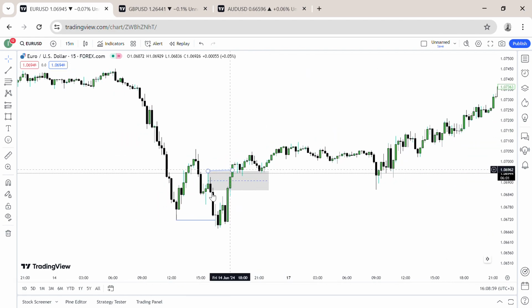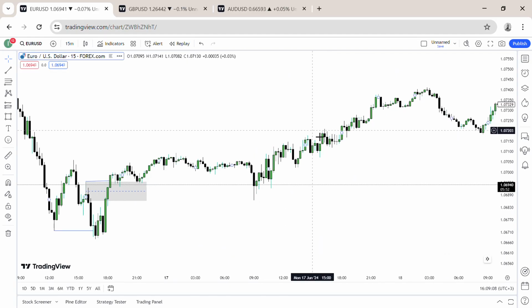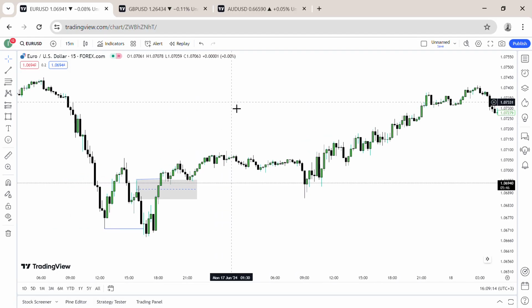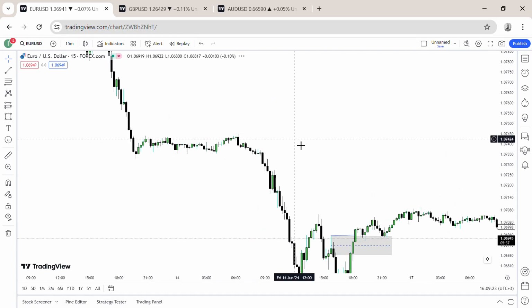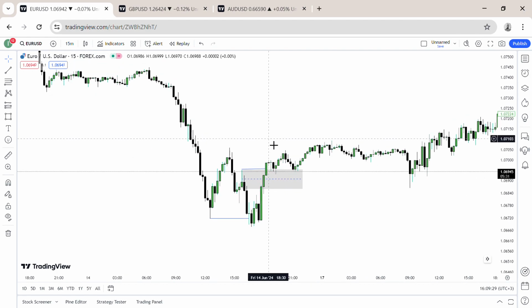Okay, so like you see, the price traded above it, displaced above it, traded back to it, and then just went up. So that's basically how you can expect the same thing in the market when you see the same scenario, right? So that's all about the mitigation blocks. Like I said, mitigation blocks cause a failure swing, but a breaker block causes a break of structure.